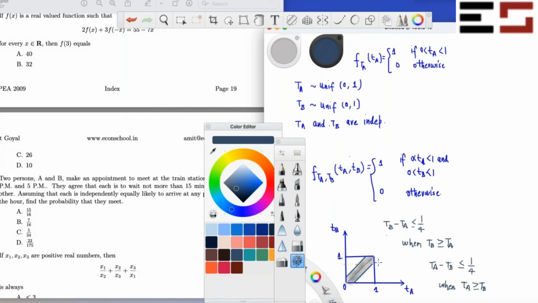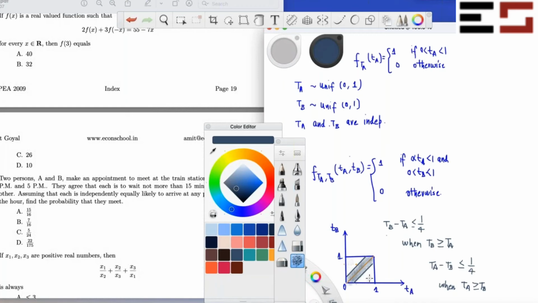Okay. Let me tell you another way in which you can do this. Instead of finding the probability that (TA, TB) lies in this region, find the probability that (TA, TB) lies in this triangle. That will be simpler and faster. And by symmetry, this will be the same as this probability.